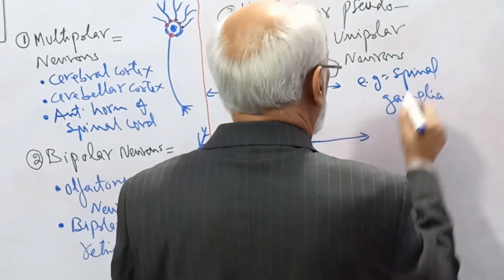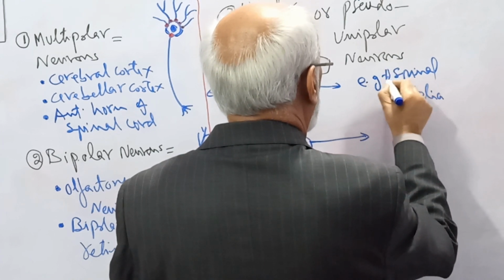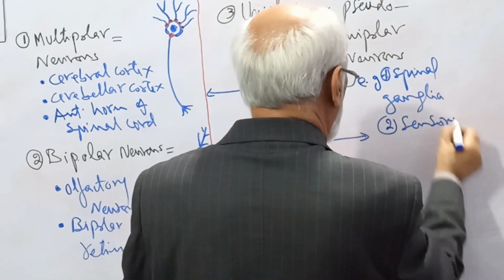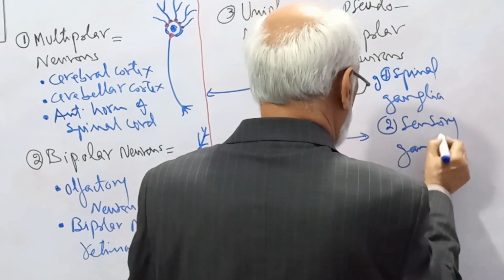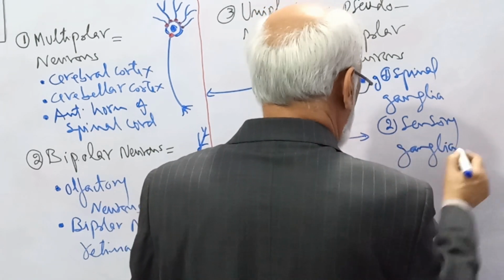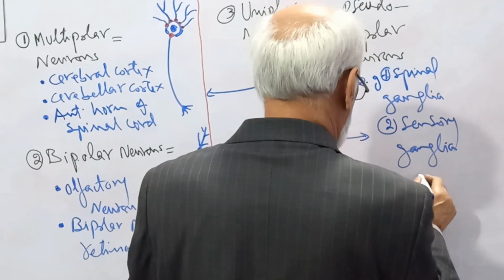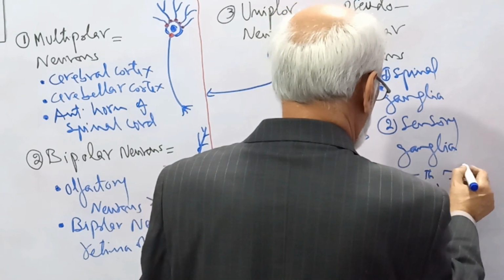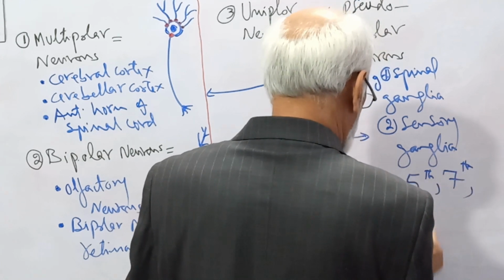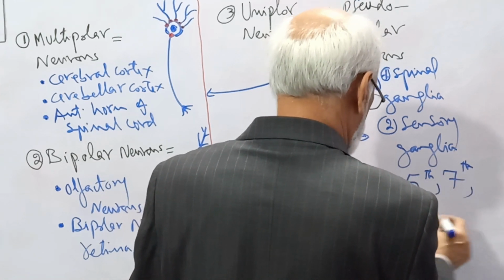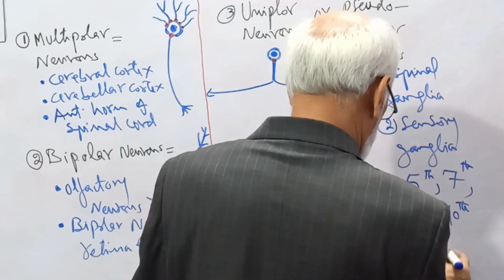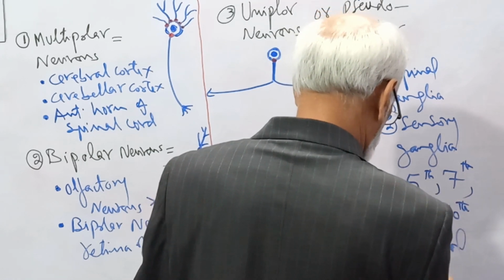Number 2, sensory ganglia of the 5th, 7th, 9th, and 10th cranial nerves.